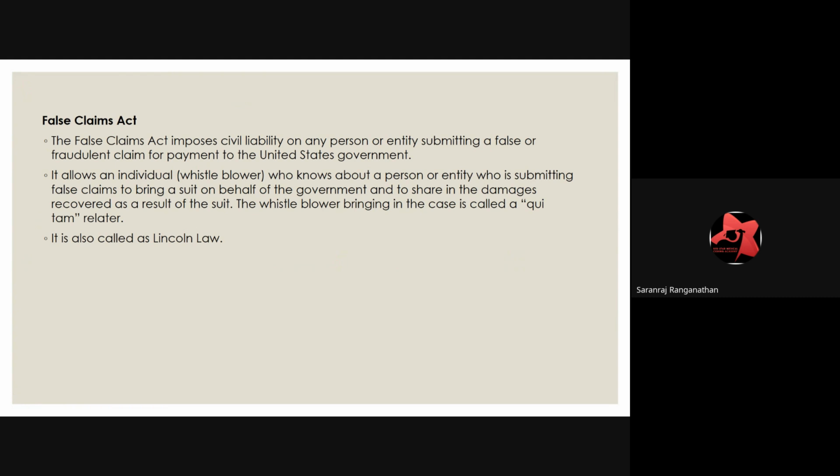False Claims Act. The False Claims Act imposes civil liability on any person or entity submitting a false or fraudulent claim for payment to the United States government. It allows an individual whistleblower who knows about the person or entity submitting a false claim to bring suit on behalf of the government and to share the damages recovered as a result of the suit.